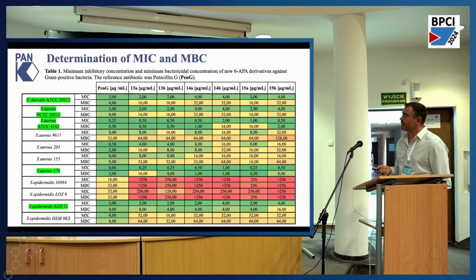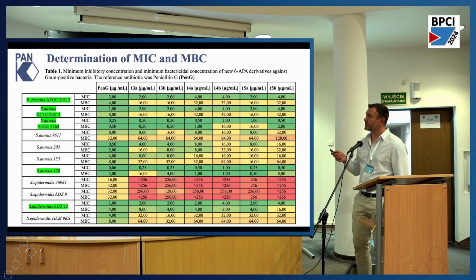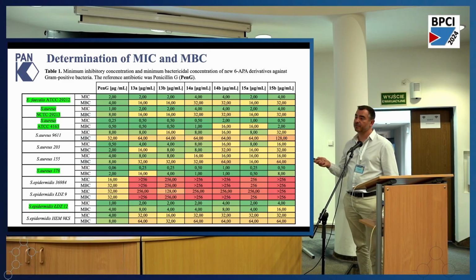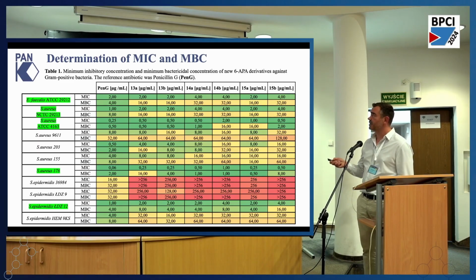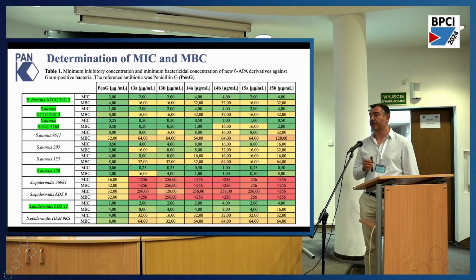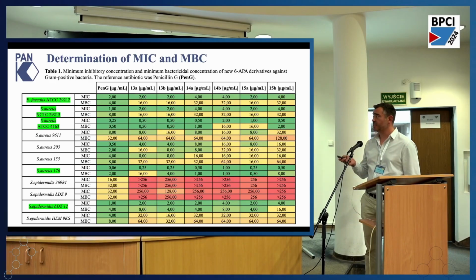As I said, a lot of things are happening in here, but just to tell you where to focus. First column is penicillin G, and we are looking at the gram-positive bacteria test. As you can see, most of our derivatives are working nicely or at the same level as penicillin G on the several Staphylococcus, especially Staph aureus and Staph epidermidis.